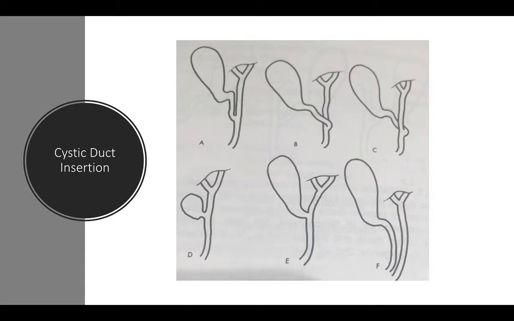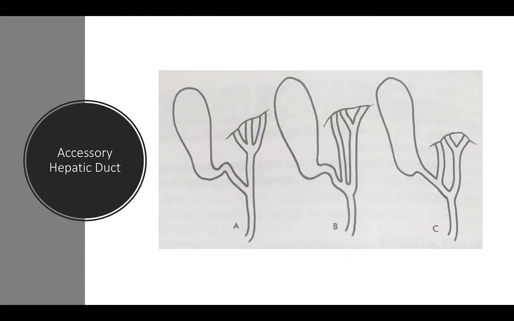So the first one was the confluence of the left and the right ducts. This one is the cystic duct insertion. And lastly, we're going to talk about some of these accessory hepatic ducts. And you can see how, for example, in A, you have an accessory duct here.